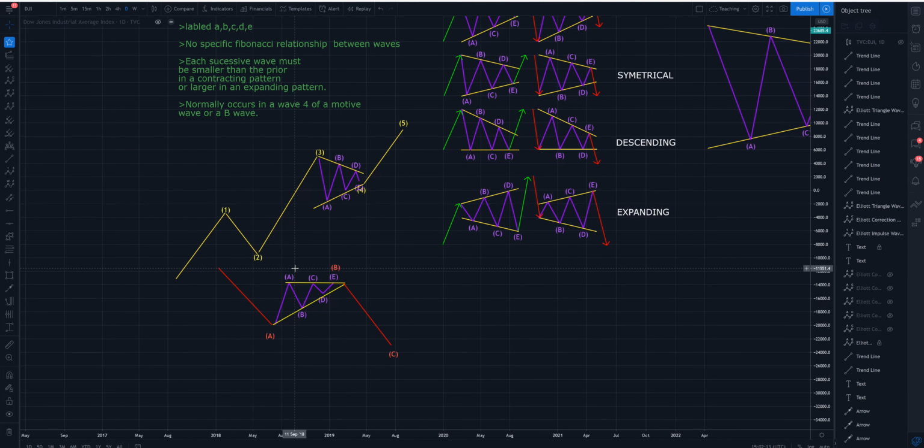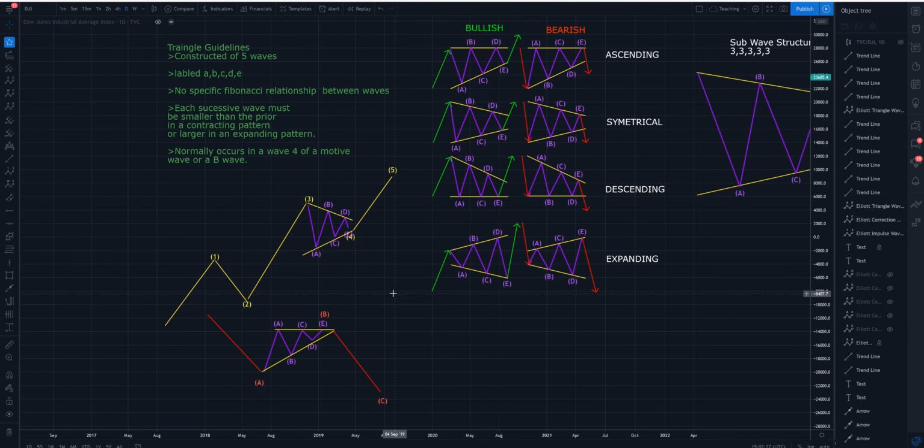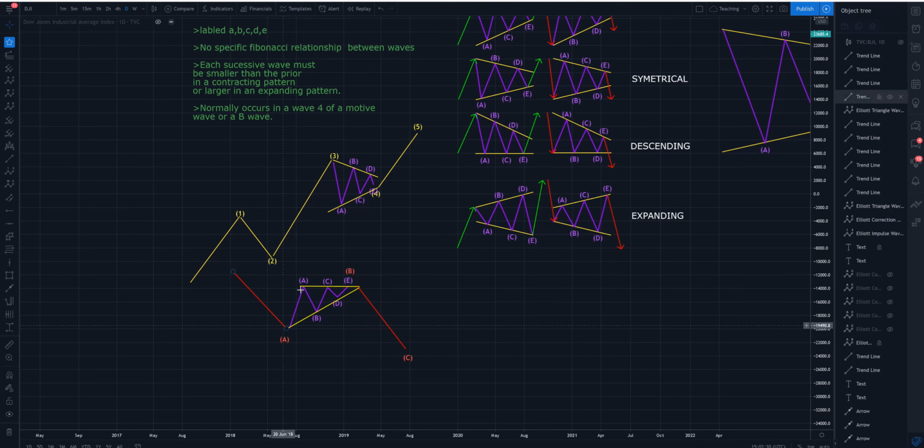So let's take for example a pattern which could appear quite tricky, which is the B wave of a corrective ABC structure. Now in this case we have an ascending triangle but actually continue a downward trend. Like I said, it could be any pattern. This could easily confuse a person if we were just looking at the ascending triangle itself without counting the wave structure within it.